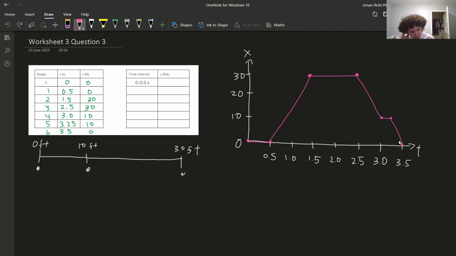And before we start actually drawing out the velocity diagram, I want to think about an intuition for what's happening between these different intervals. Like, if the bird has one position, 30 feet, for this entire time interval, does the bird have any velocity other than 0? Does the bird have a positive velocity? Does the bird have a negative velocity?